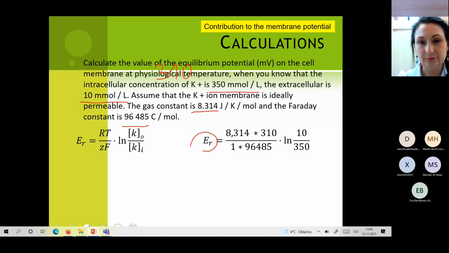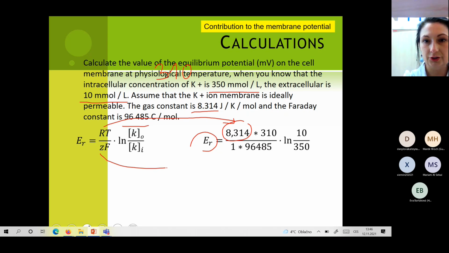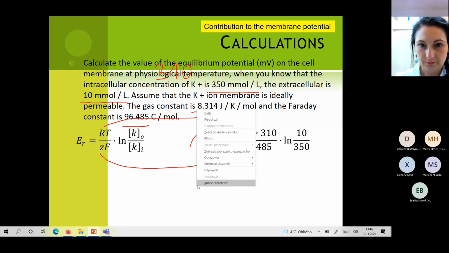We are going to calculate it. Here is the gas constant. So it's that one. The z number is the charge of potassium in this case, +1. I will change the color.